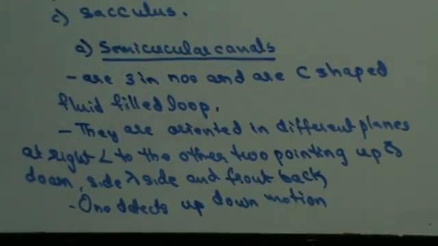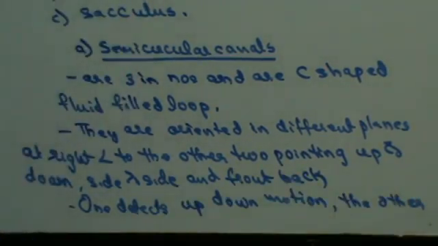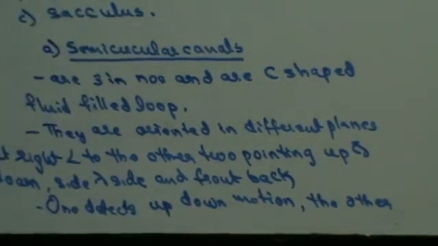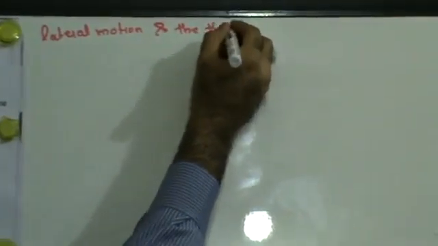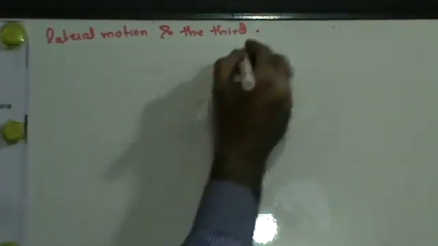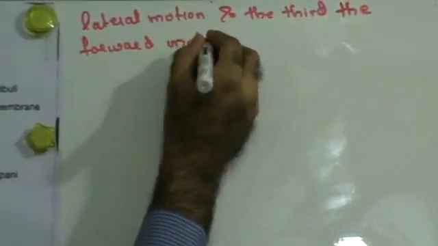One detects the up-down motion, the other the lateral motion, and the third the forward motion. So thus you would exactly know how sound is being produced.